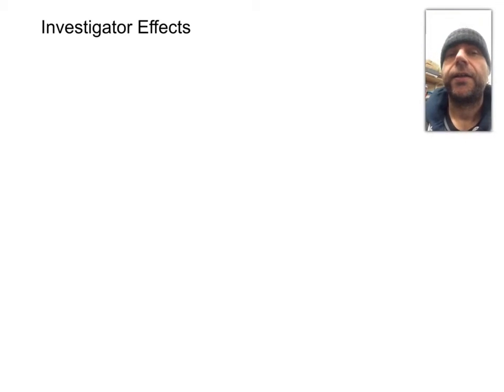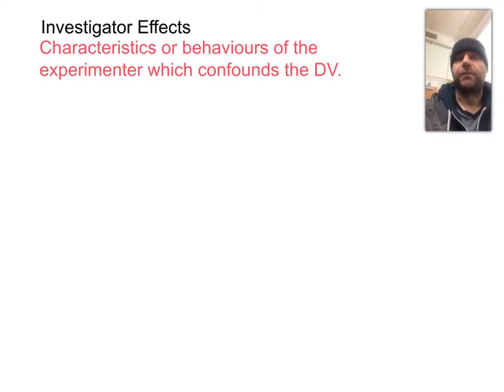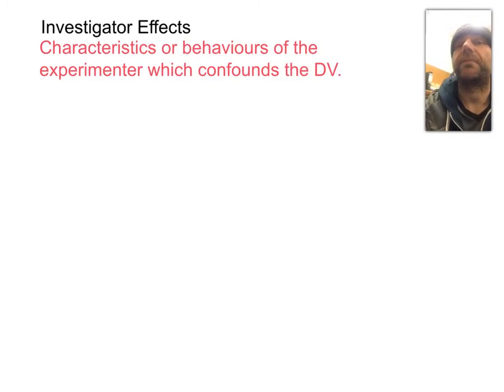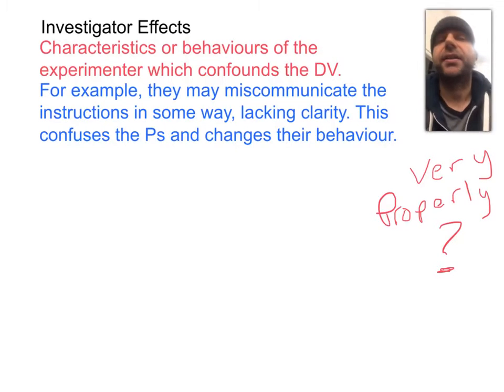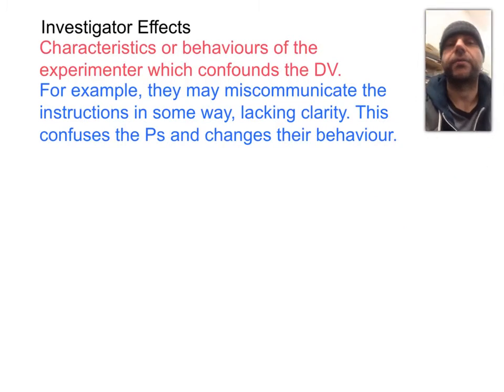Now, the next thing to talk about is investigator effects. And this is when the investigators might have certain characteristics that affects the behaviour of the participants. For example, if you have an investigator that's really boring and talks like this, it might be that when they're giving the standardized instructions, the participants get a little bit bored and they don't listen very properly to the experimenter, and therefore they don't understand the questions and don't do very well, for example.